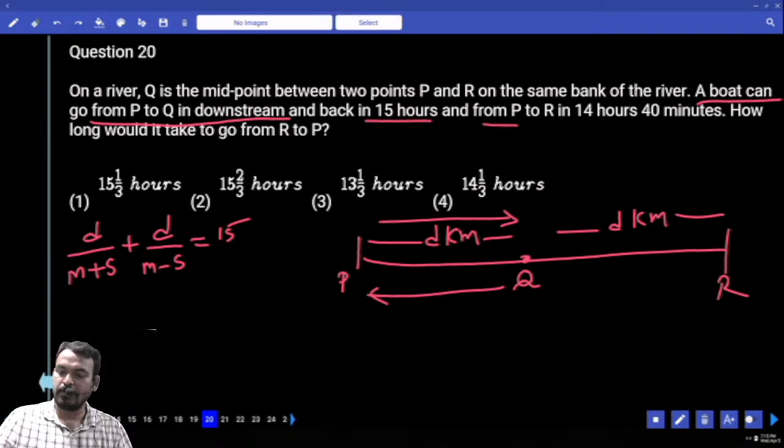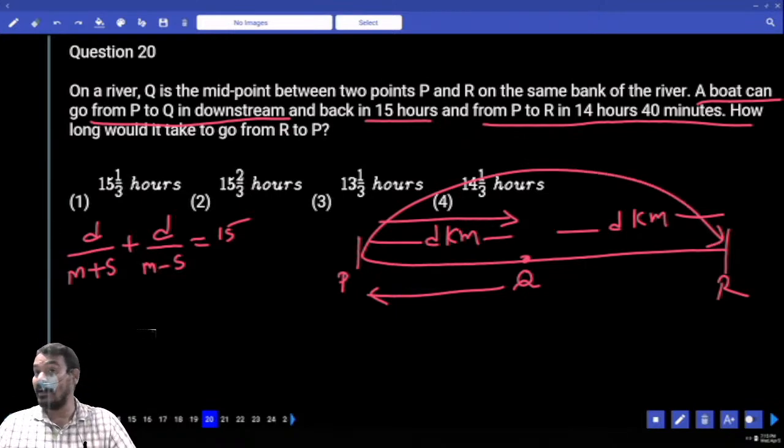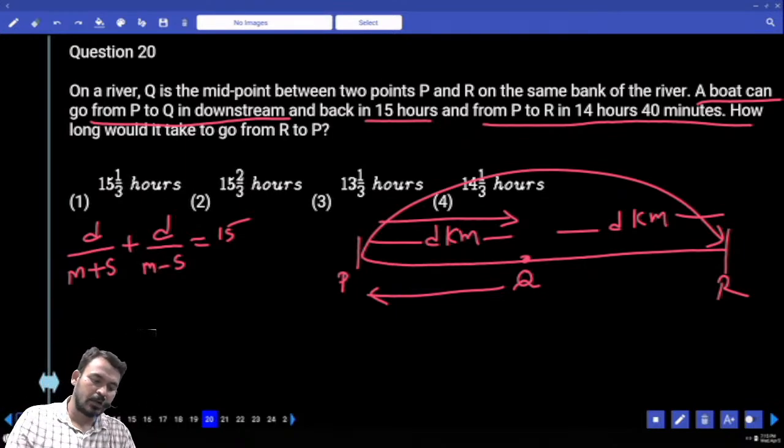What is the second one? From P to R in 14 hours 40 minutes. P to R is covered upstream or downstream? P to Q is downstream, which means P to R is also downstream. In downstream, what is the total distance covered? 2D kilometers, or not?